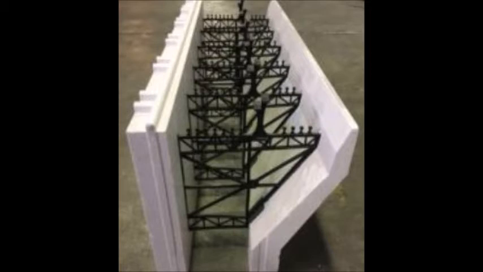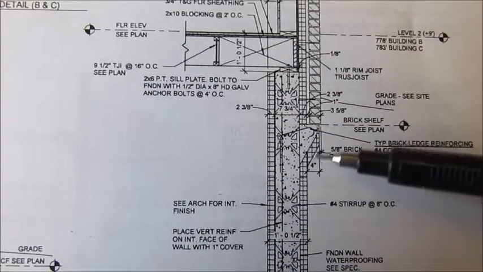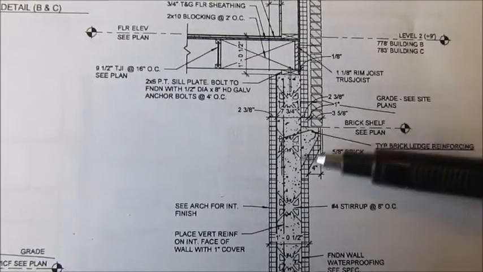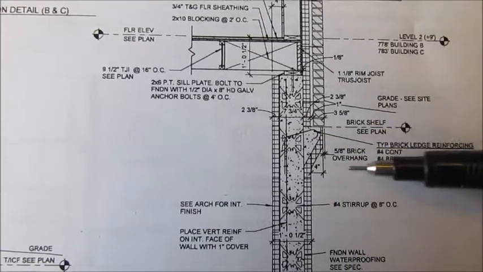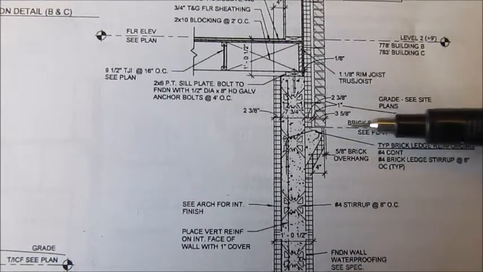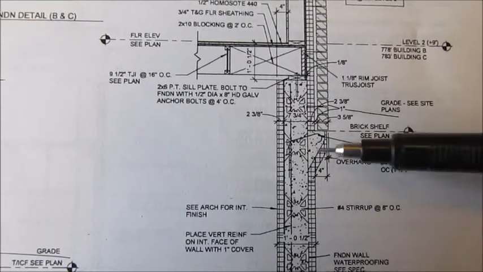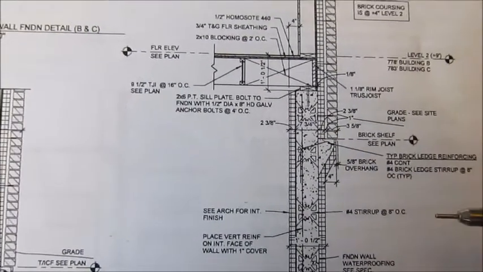That's the inside of the wall. The outside bumps out to allow that brick to sit on something stable. And what that does is it gives a structural seat for this brick to sit here. It also tells us that brick has to overhang, so it has to stick out from that 5/8 of an inch. So there's a little spec and a little math that has to be done here.